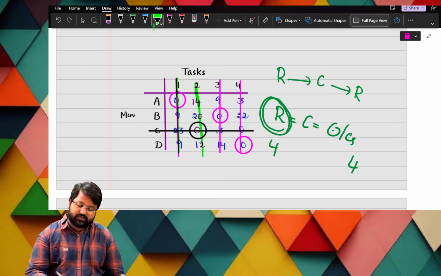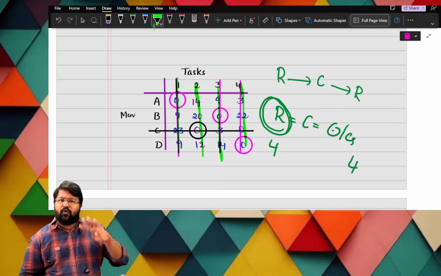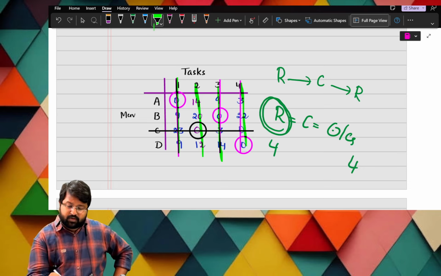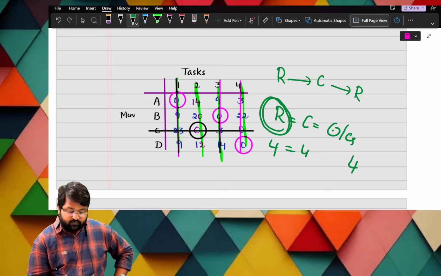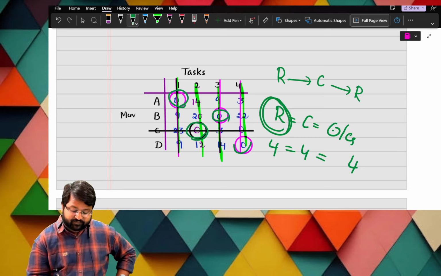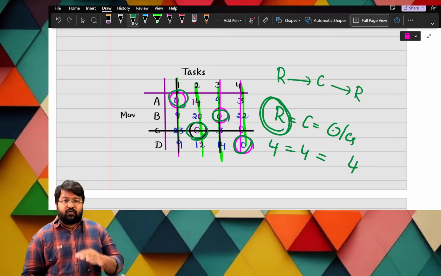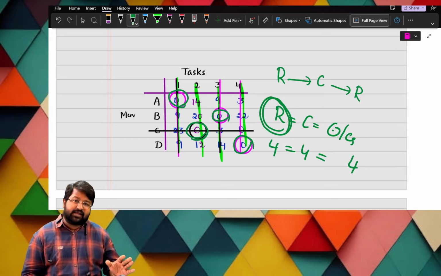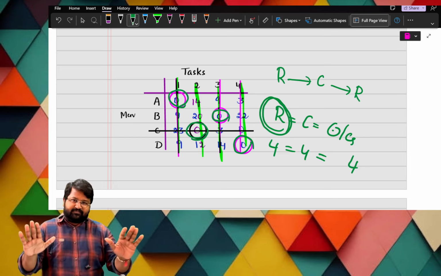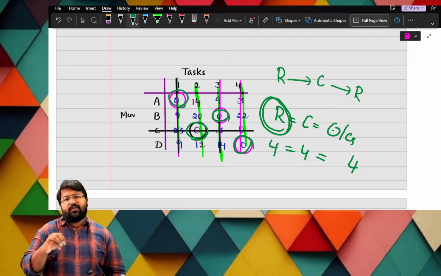One, two, three, four. So four rows equal four columns equal four circles. If you get four rows equal to four columns equal to four circles, then your solution is done.